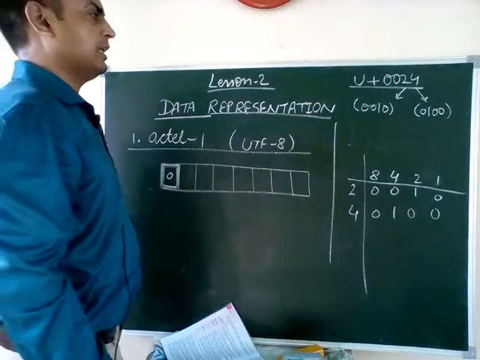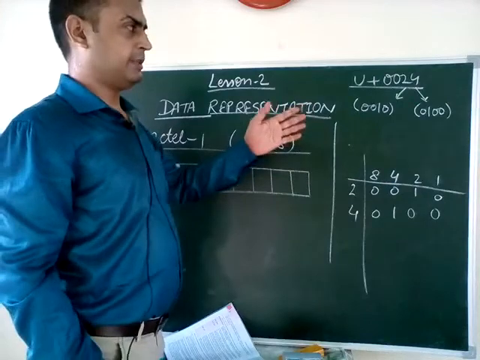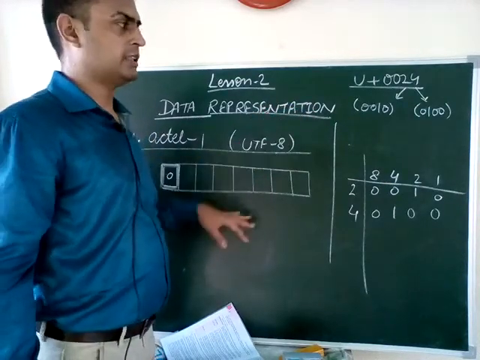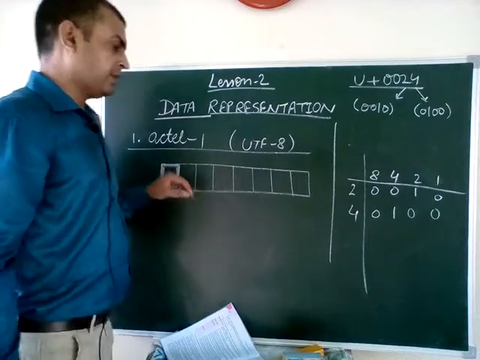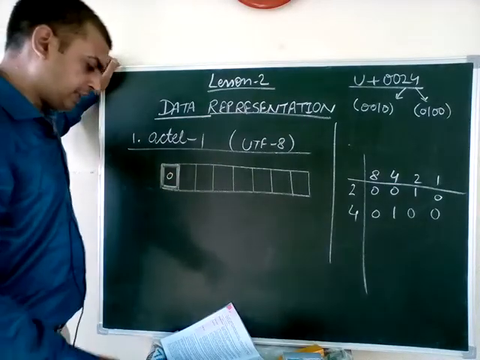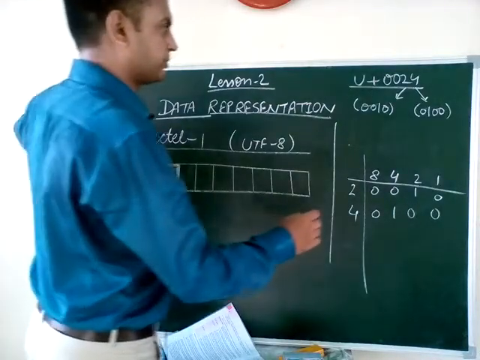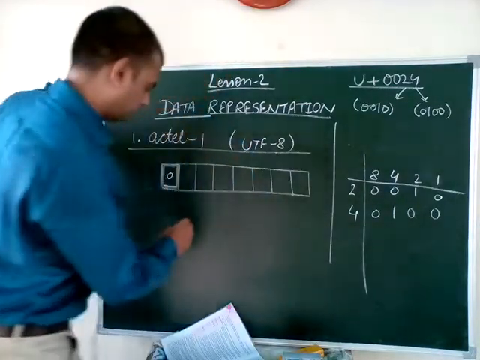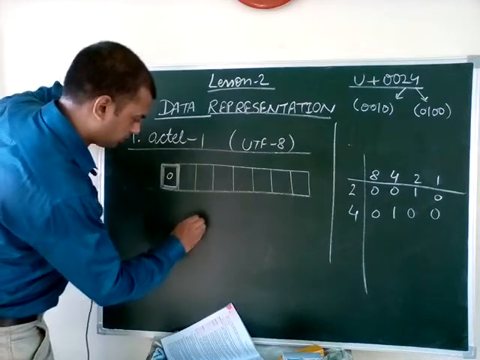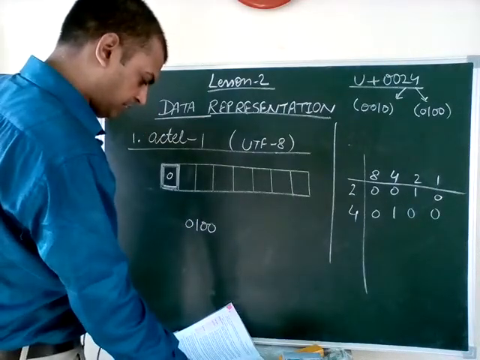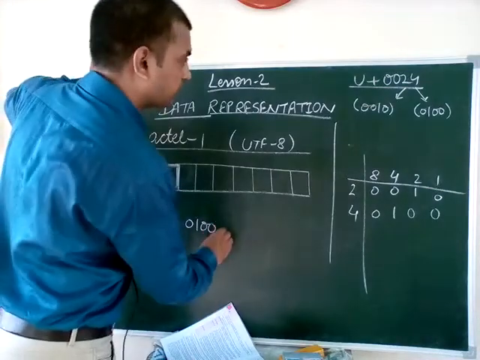You can see these are the 8 bits, so we can represent it in this bit system in this table. So the equivalent is 0 1 0 0 0 1 0 0.